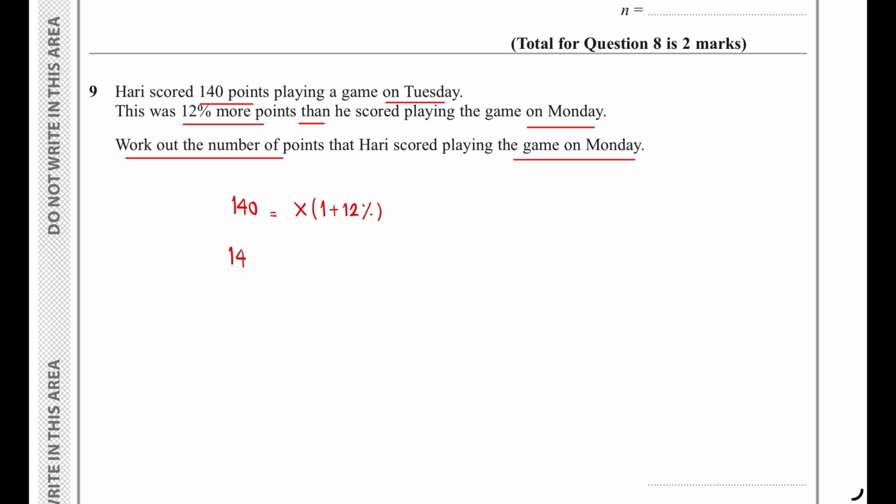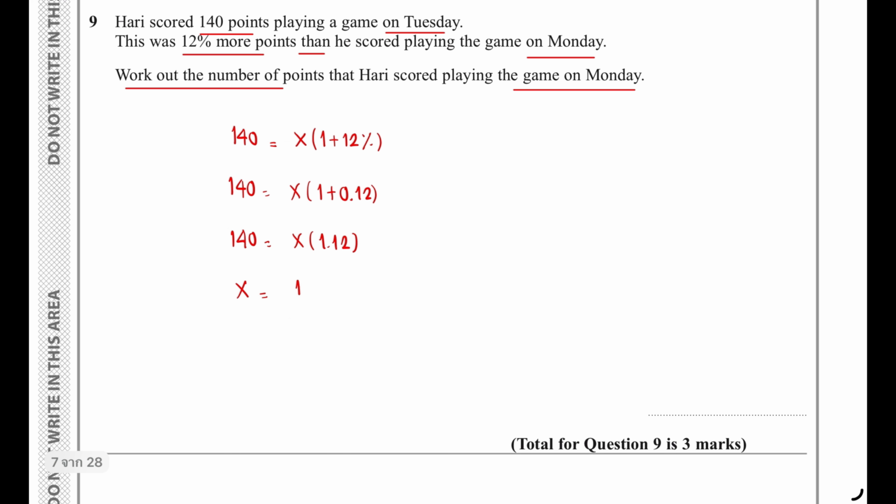So it will be 140 equal to x times 1 plus 0.12. So 140 equal to x times 1.12. So therefore x will be equal to 140 divided by 1.12, so it is equal to 125.